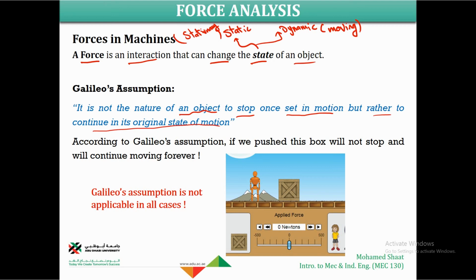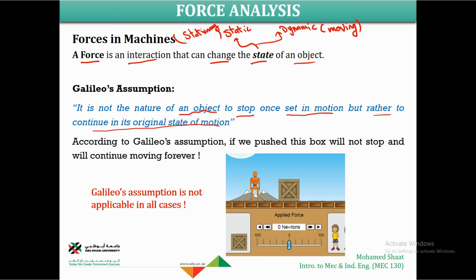It will never stop. Do you think that this is logical, or does this make sense? No, because if there is some friction on the surface between the box and the ground, it is definitely going to stop. If some guy, for example, gives a push to the box, the box is going to move. Is this box going to move forever?